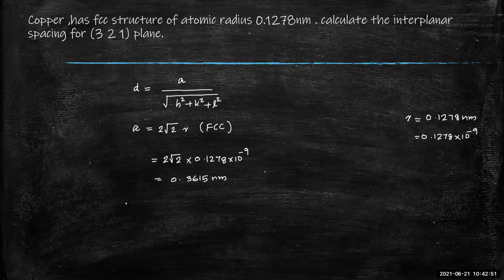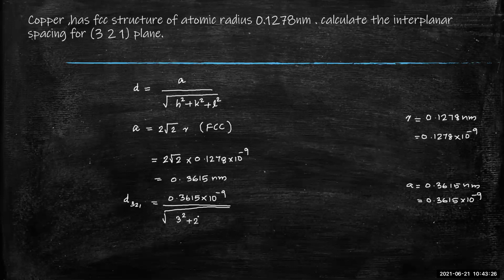Then we have to obtain D of 321. It is equal to 0.3615 into 10 raised to minus 9 divided by root of 3 square plus 2 square plus 1 square, that is obtained as 0.0966 nanometer. This is the answer.